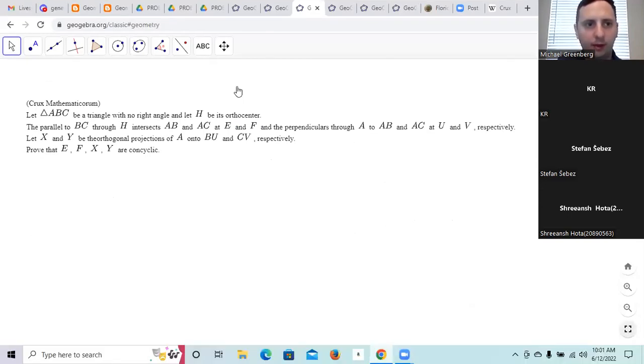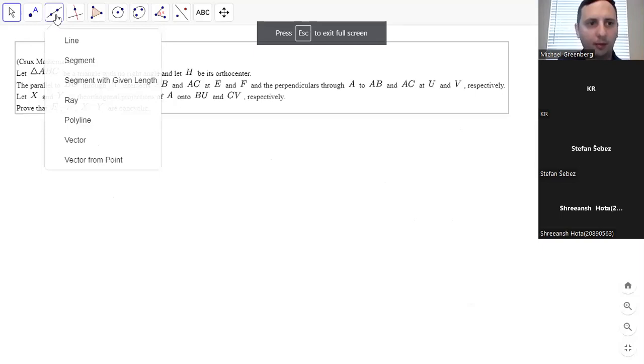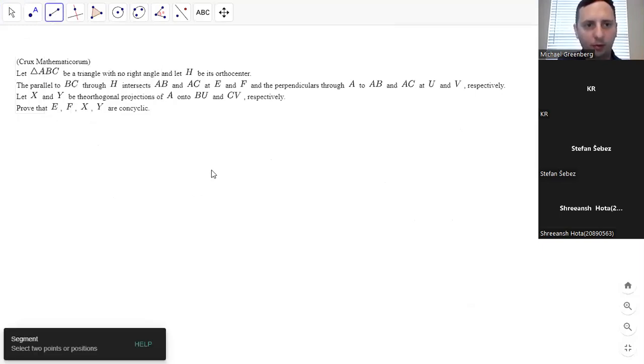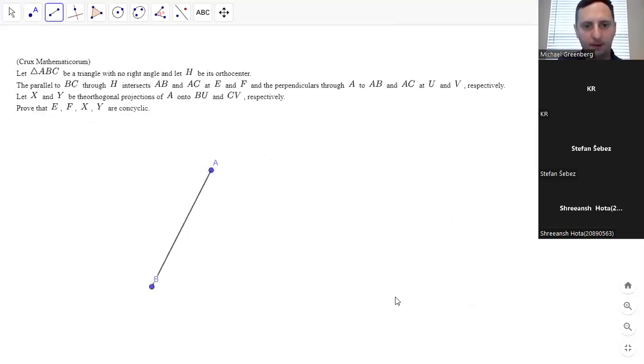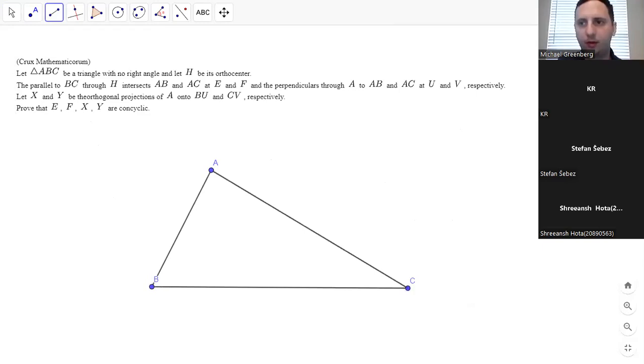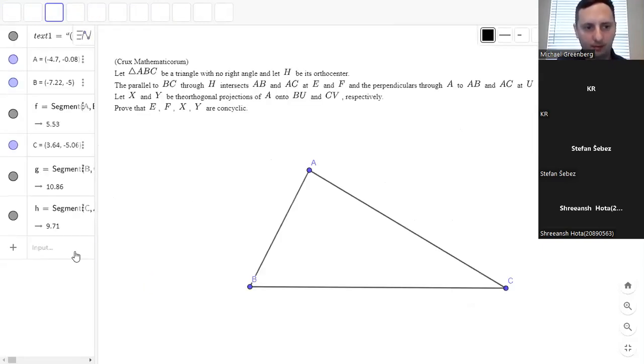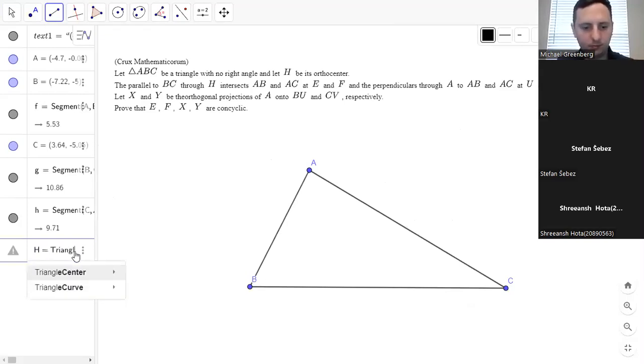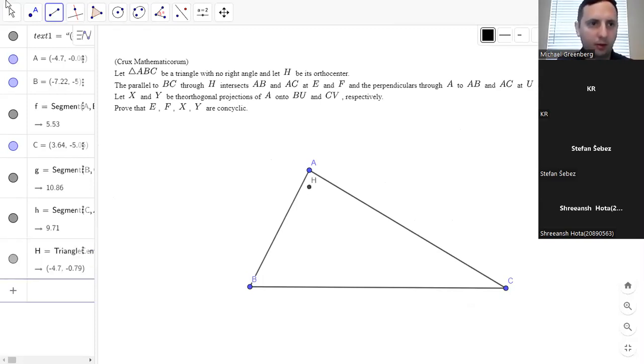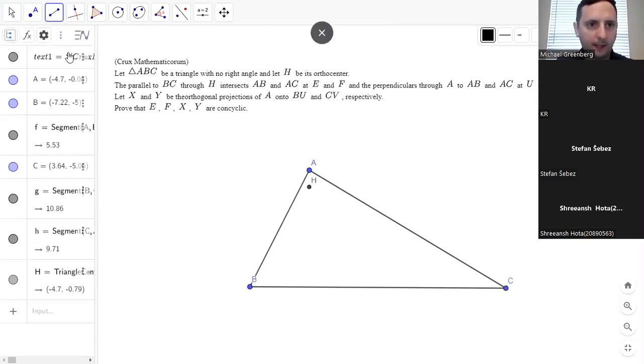So we have a triangle ABC, scalene, and H is the orthocenter. And then we draw the parallel to BC through the orthocenter. So yeah, let me just draw it this way so it doesn't get too messy.